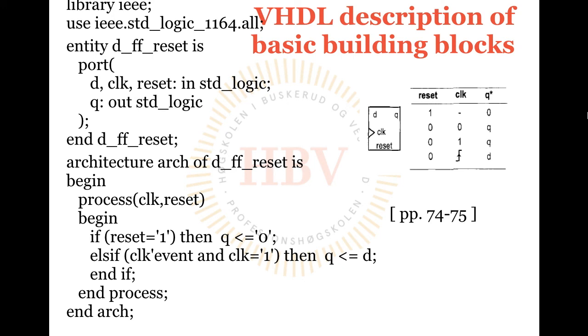In the architecture, we use a process containing both clock and reset, because both of these are going to affect the inputs and outputs, depending on their high or low state. The process checks if the reset is 1. If the reset is 1, Q will be reset to 0. Else if there has been a rising edge, meaning the clock is 1, Q will be given the value of D.